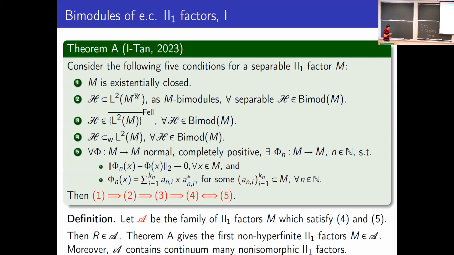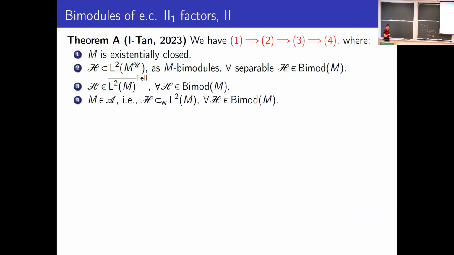Okay, if not, let me go ahead and forget about condition 5, which was in terms of completely positive maps. I'm going to focus on conditions 1 through 4. Again, the theorem in that case says that 1 implies 2 implies 3 implies 4, where 1 through 4 are as before. Let me just remind you that the fourth condition says that any M-bimodule is weakly contained in the trivial one, which we define as M belonging to this class A.